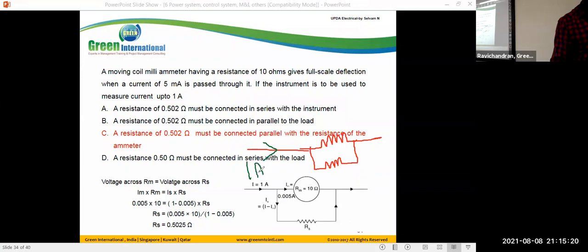It is 1 amp here, 5 milliamps, and this is 10 milliamps.